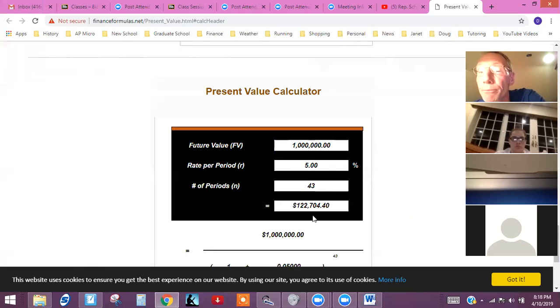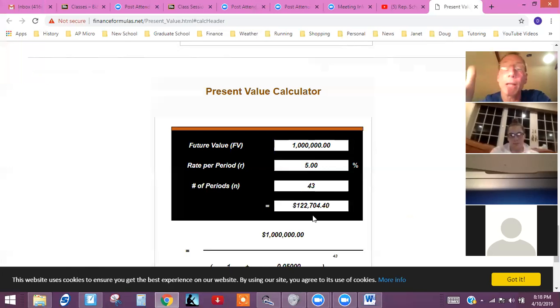Cool, huh? Now, why this is valuable is you can see the difference that changing the rate makes. If the interest rate goes down to 4%, then you can see that you need a lot more to start with, right? If it goes down to 1%, you need more, right?